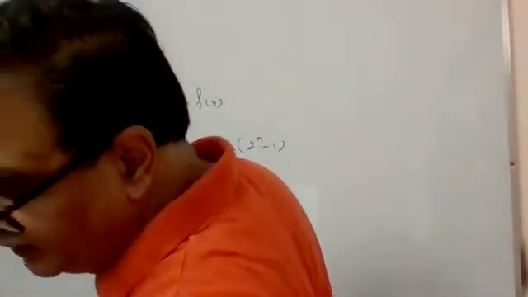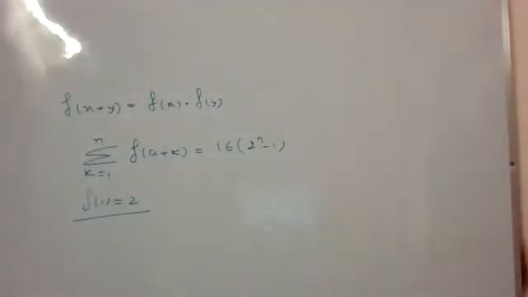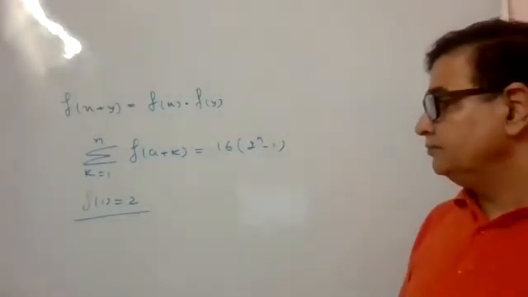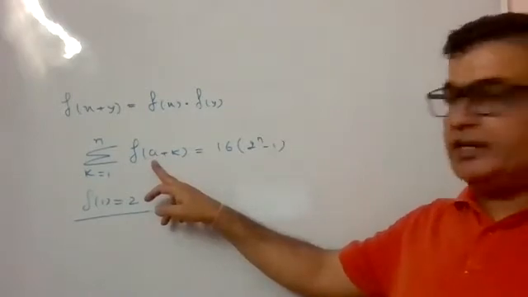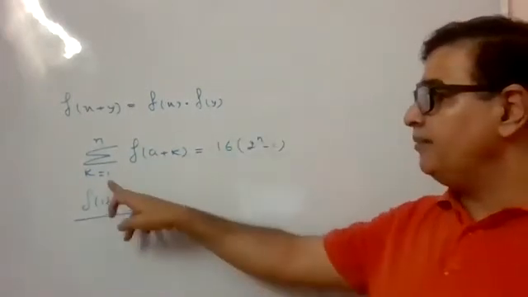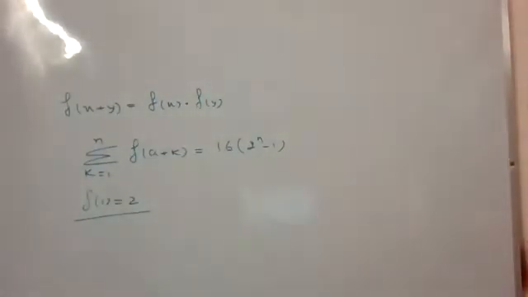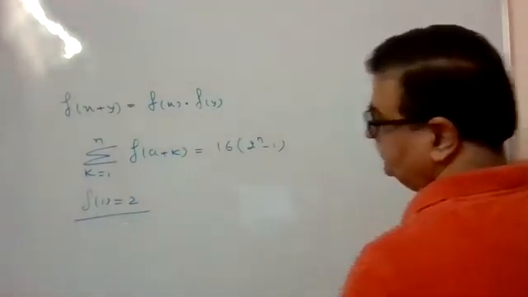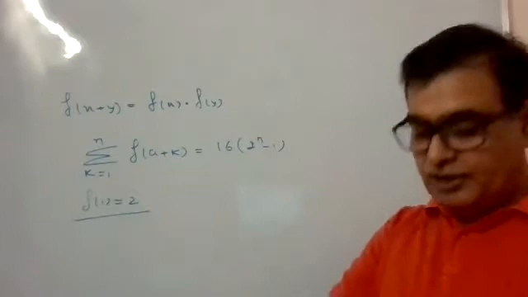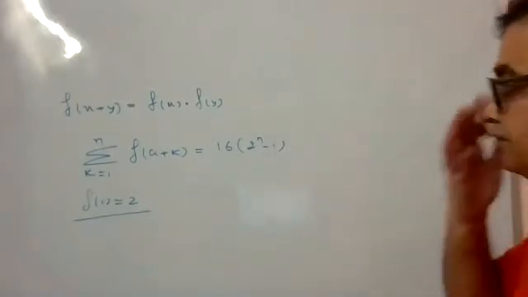Please find out what should be the natural number a. a is also a natural number, keep in mind. n is also a natural number here. And k going from 1 to n are also natural numbers. f of 1 is given as 2. What should be the value of a that we should calculate?